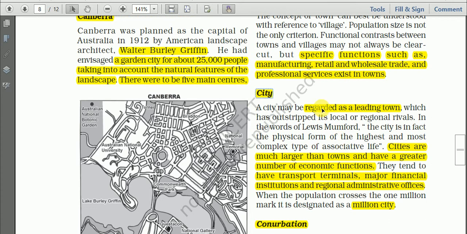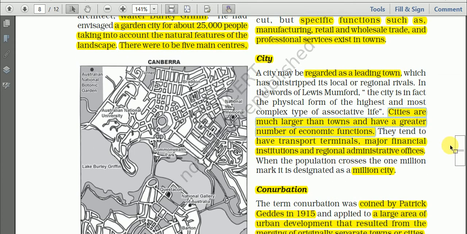Cities are regarded as a leading town. Cities are much larger than towns, and have a greater number of economic functions, multiple functions, as compared to towns.